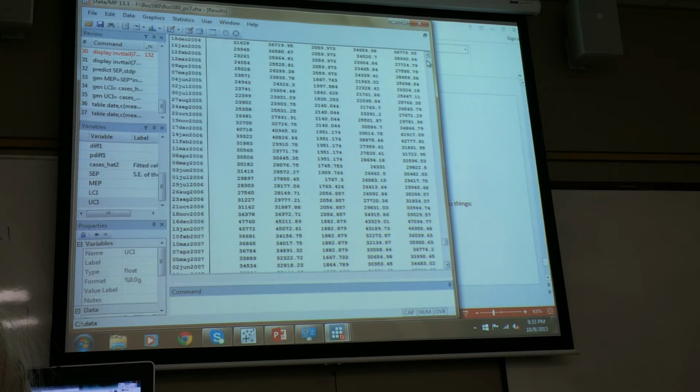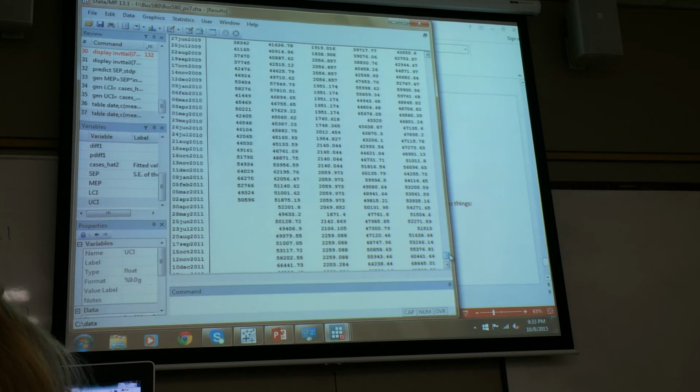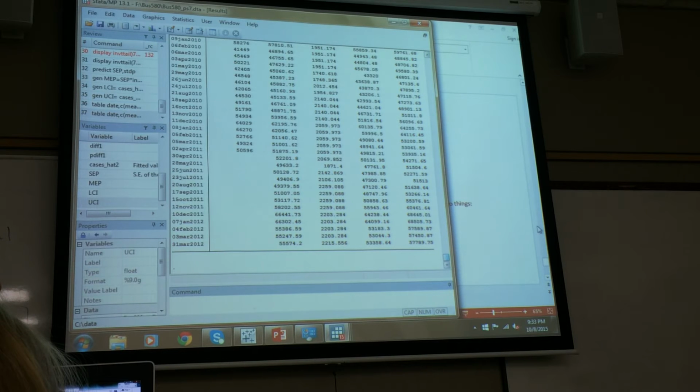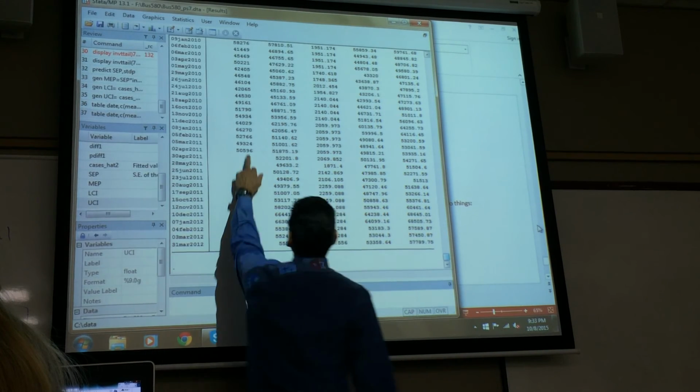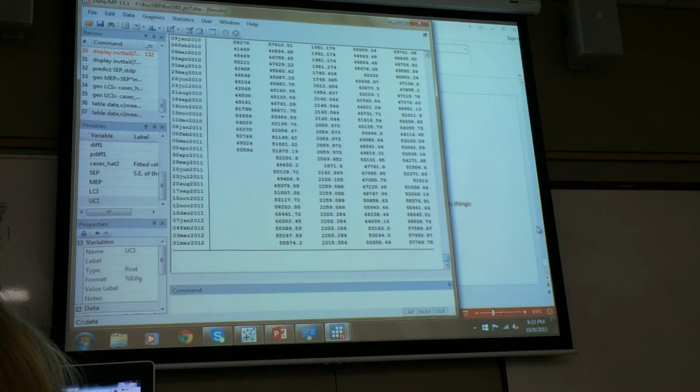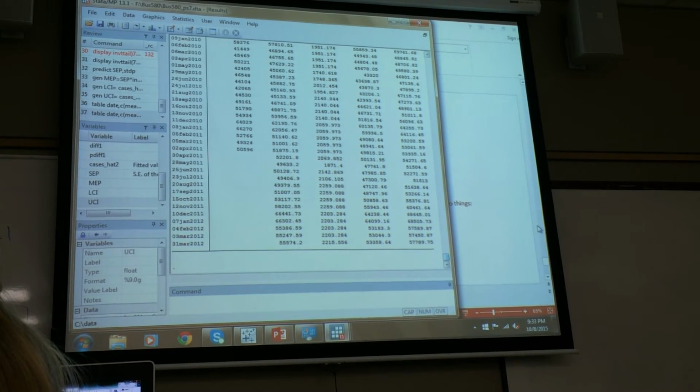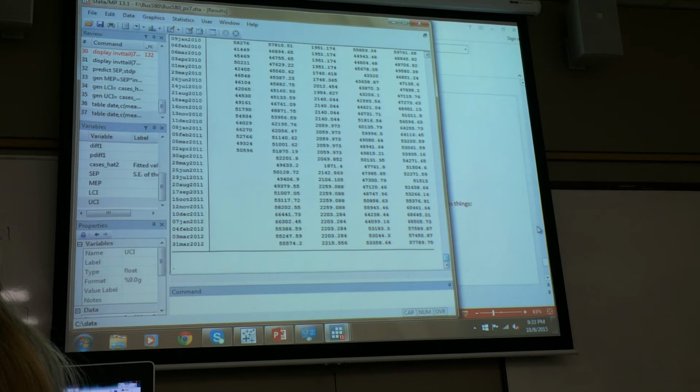All right, so let's look near the forecasting period. So let's go to 5,000 cases here. That was the actual number of cases sold for the week ending April 2nd, 2011.